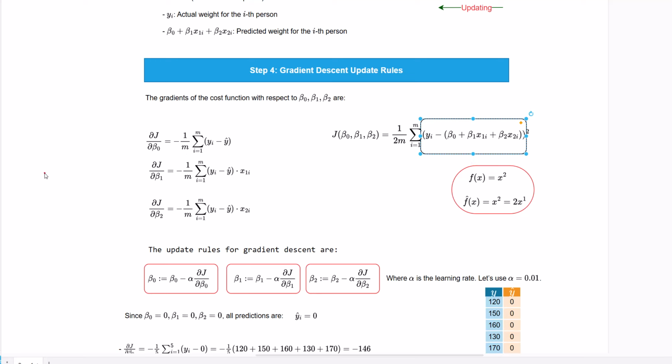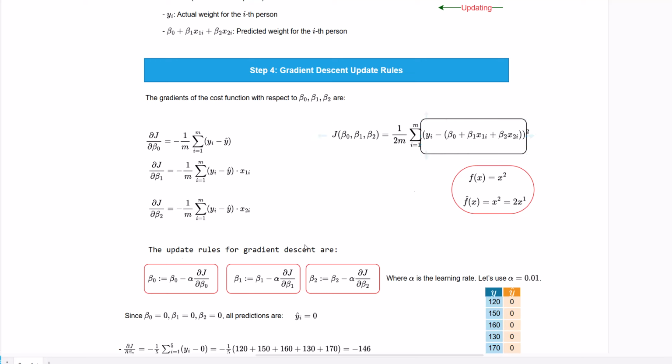And it's almost the same for beta 1. You can see beta 0 will be 0, and for beta 1, I have only x1i, and beta 2 will be 0. The derivative of a constant will be 0. And that's why I have it multiplied, because here I have minus, it will be multiplied by minus xi.